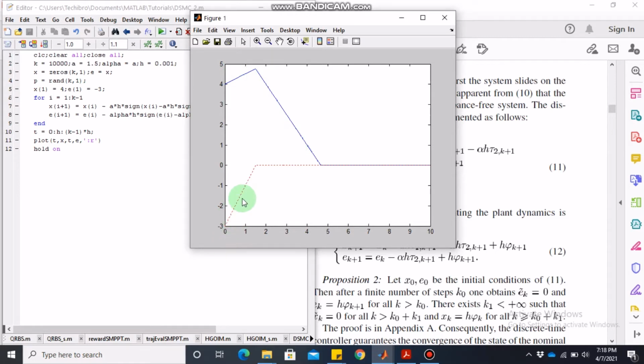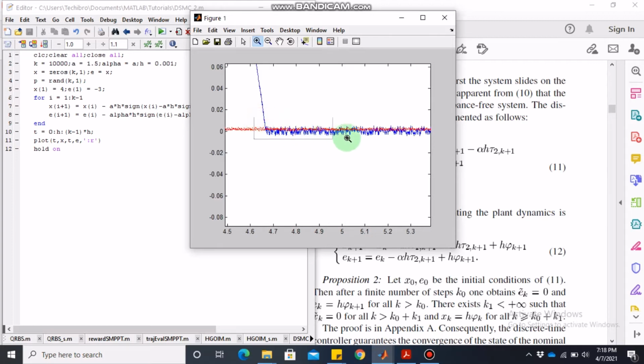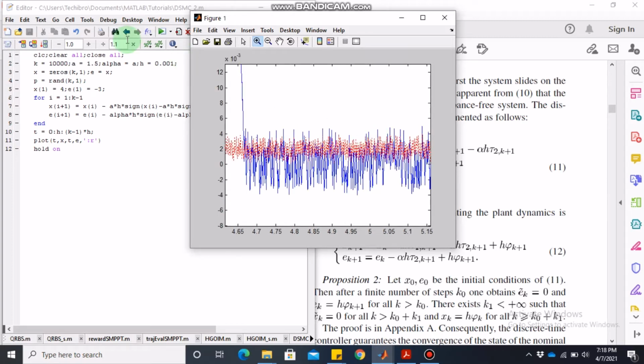So both of these states go to 0. By the way, these results are highly dependent upon the size of the step h. So if you select h to be, let's say, 1/100 or 1/10, then the results will be slightly worse.